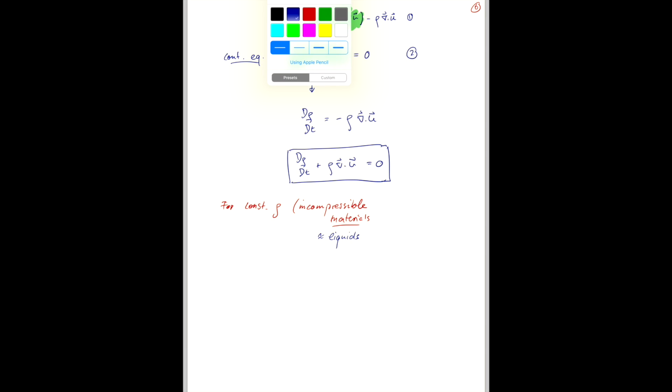For incompressible materials, D rho Dt has to be 0, because rho is constant. So therefore, if this term here is 0, then we realize that the divergence of the flow has to also be 0.